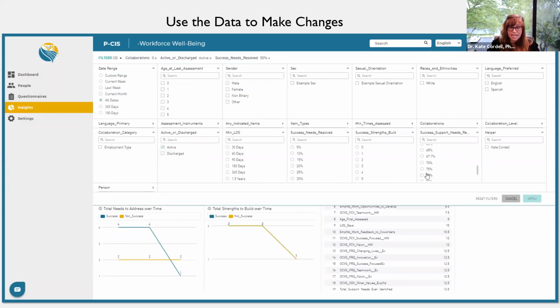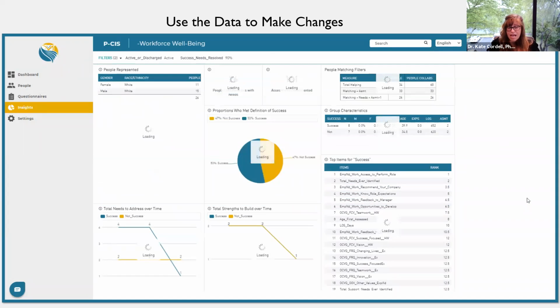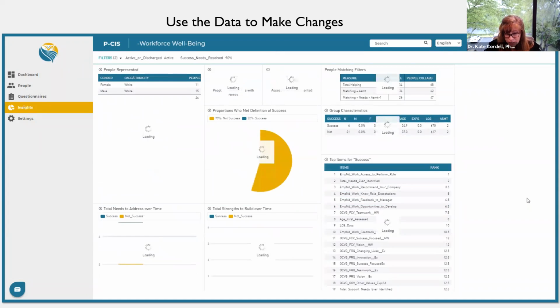And so what this is saying is, who resolved 90% of their needs, and if they resolved 90% of the needs, what was the most significant need that they resolved first.